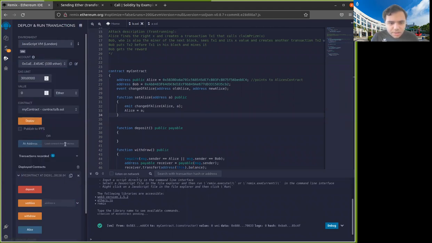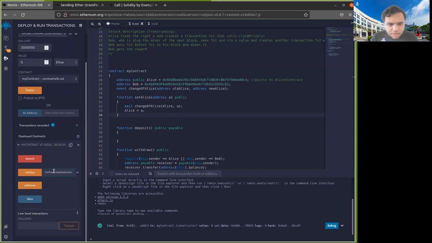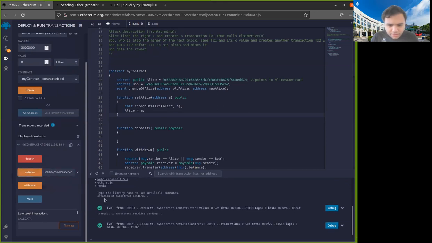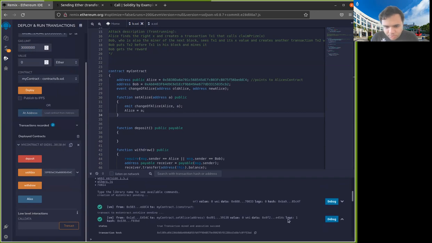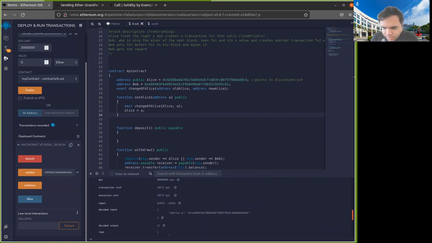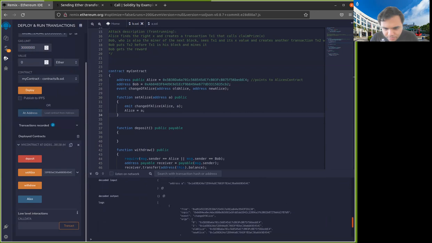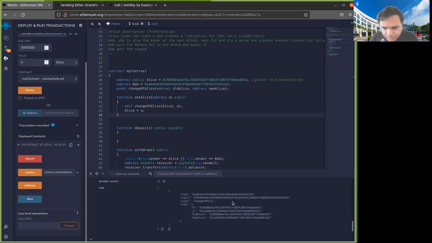So I copy the address here and I do set Alice. Now, this was also successful, but if you look at the log here, you can see in the log that there was a change of Alice event, and these are the arguments for that event. So the old Alice was this, and the new Alice is this.